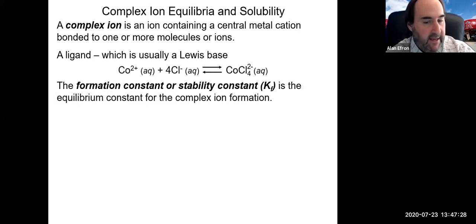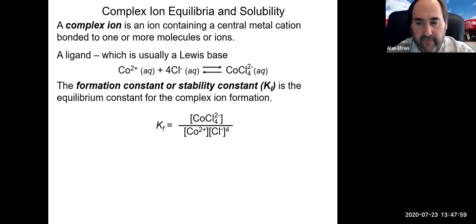Just like every other equilibrium constant, we write the expression the exact same way: products over reactants, using the coefficients as the exponents, just like we've done before. You can see with the Cl minus, we took it to the fourth power for the coefficient. So this is the equilibrium constant expression for the formation of complex ions.